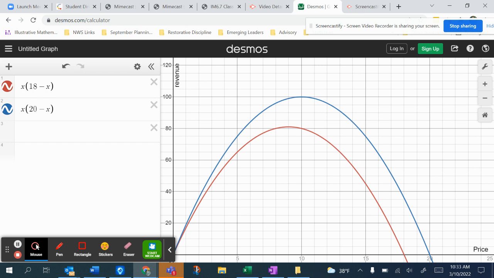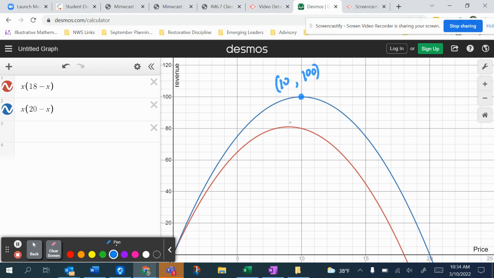Okay. So we can see here, and let's choose blue, that the maximum revenue here looks to be 10,000 downloads and 100,000 dollars in revenue.